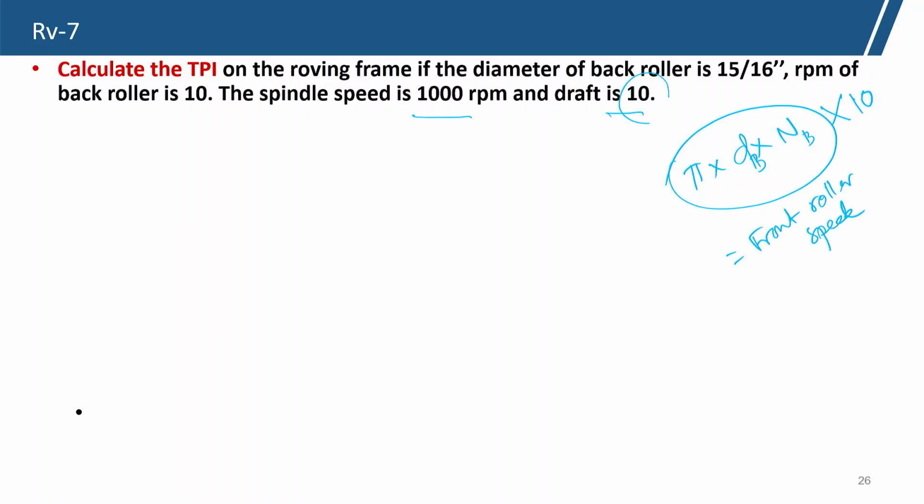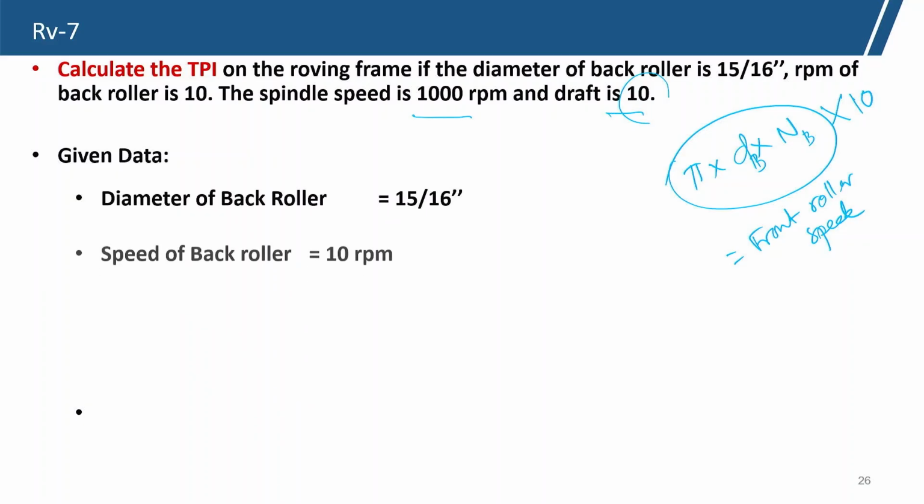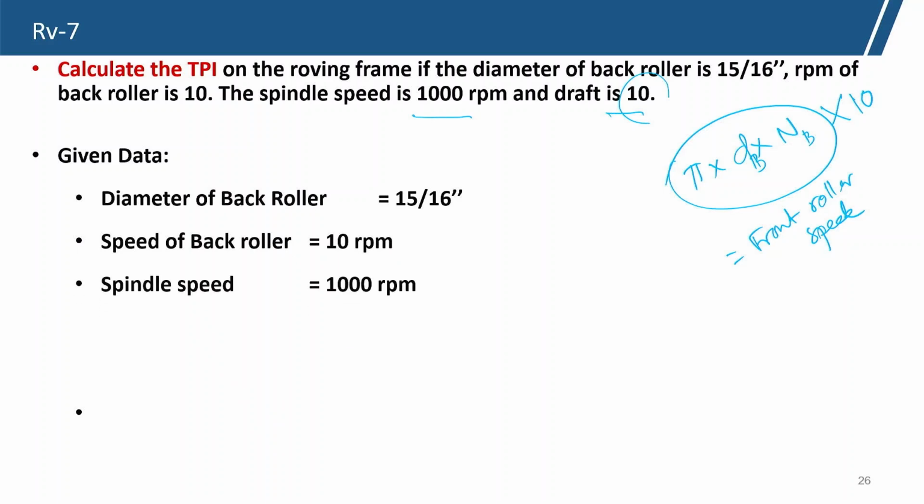If we know the front roller speed and the RPM of the spindle, from there we can calculate the TPI. So, the diameter of the back roller is 15 by 16 inch, the speed of the back roller is 10 RPM, the spindle speed is 1000 RPM, and the total draft is given as 10.